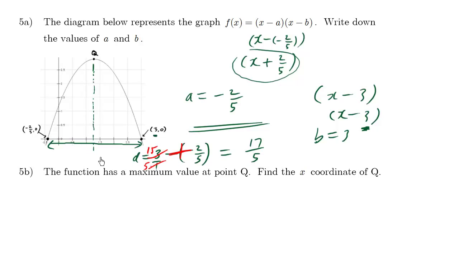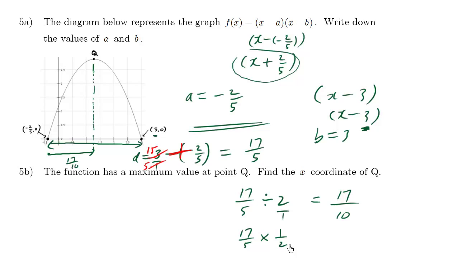Now this is the distance, and we want to divide it by 2. So 17/5 divided by 2 is equal to 17/10. So the distance from here to here is 17/10. What I did here is 17/5 divided by 2 is the same thing as divided by 2/1, which is times 1/2, and you get the same result.